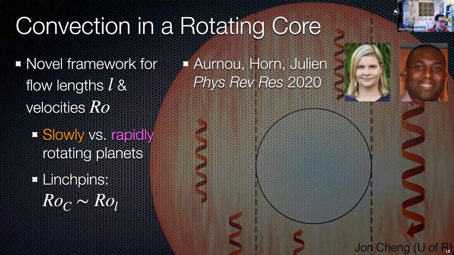I really just wanted to get out there and try to tie everything together from the slowly rotating to the rapidly rotating regime. Susanna made clear that to do so, to talk broadly across the community, we need to use the convective Rossby number. And then Keith tied it all together at the end by making the theory work. Okay, and so let's get into that.